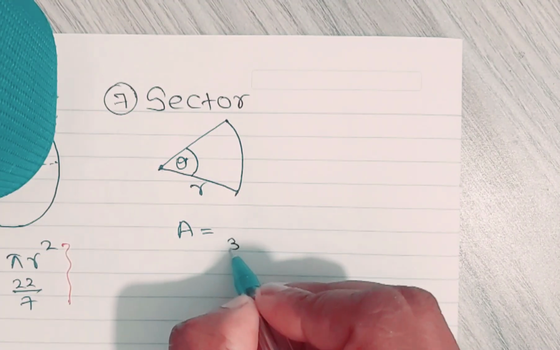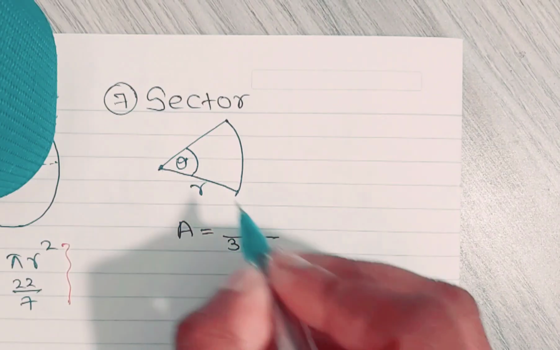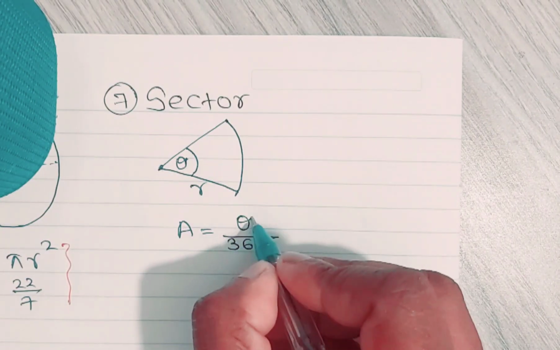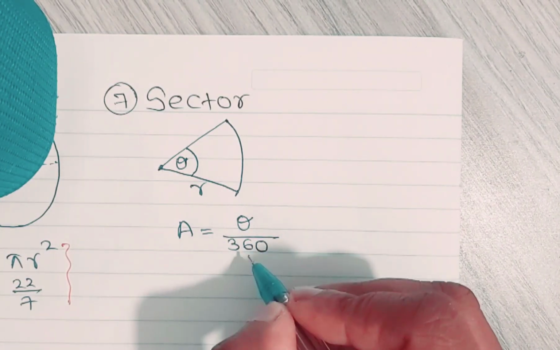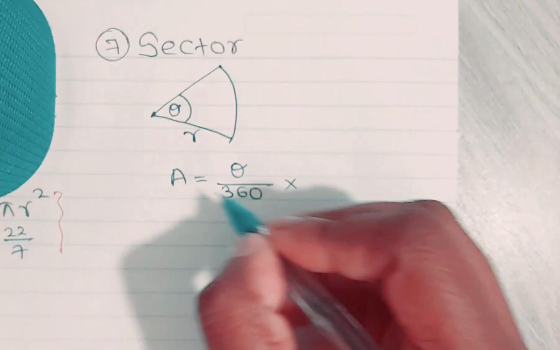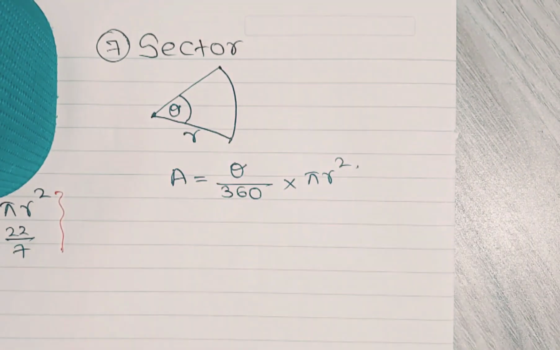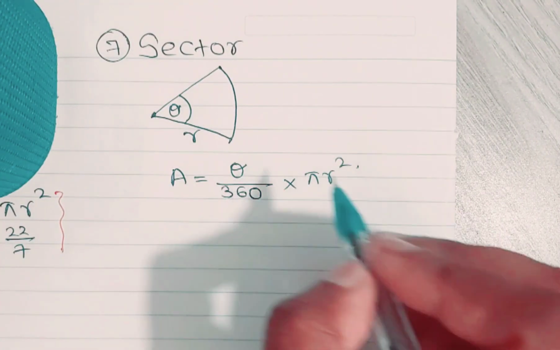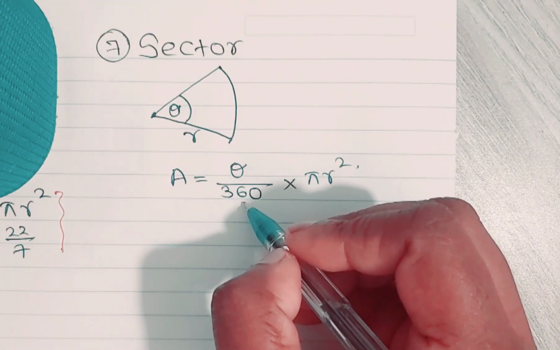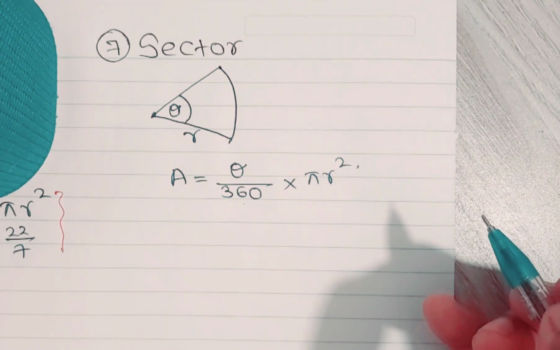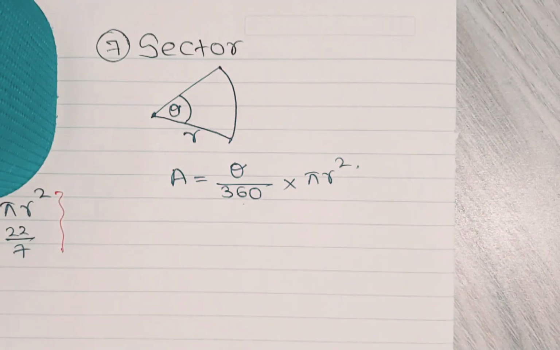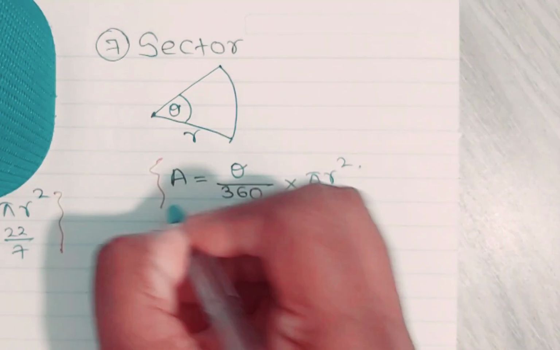So out of 360 degrees, in this sector there is theta angle, right? So this fraction we have to multiply with the area of the whole circle, that means pi r squared, right? Theta over 360 degrees into pi r squared. So that is the way you have to find out the area of the sector, right?